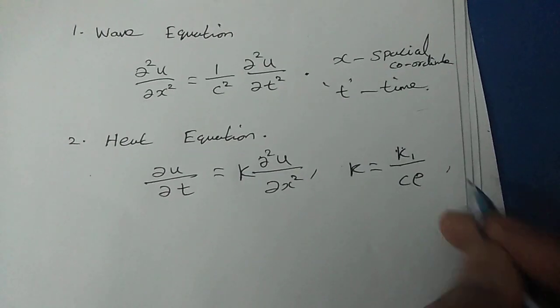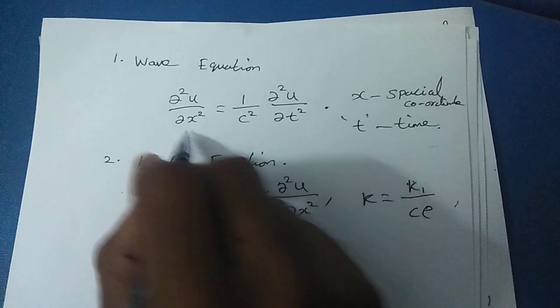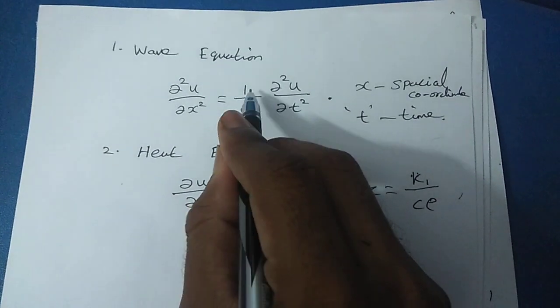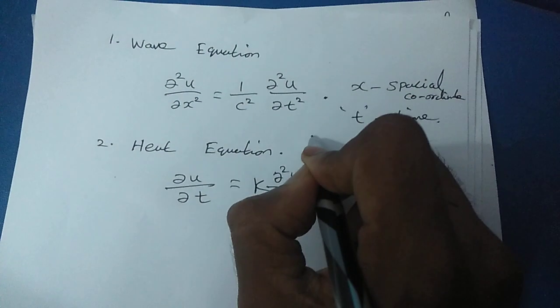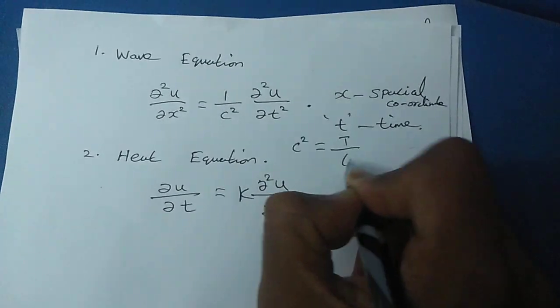So let me recall, in the wave equation we have used 1 by c square. So what is actually c square? c square is nothing but T by rho.